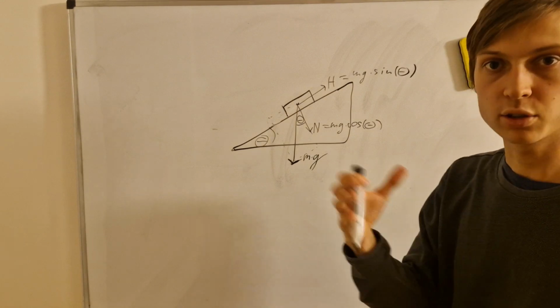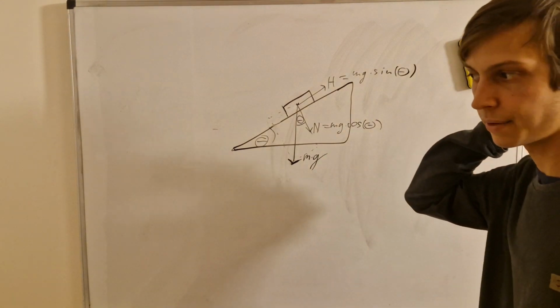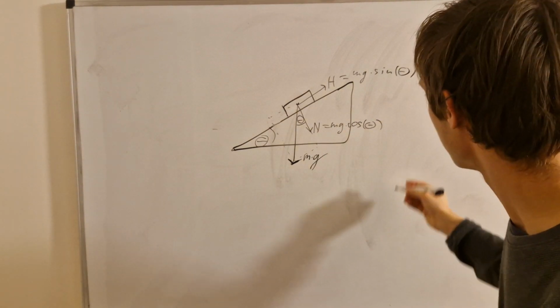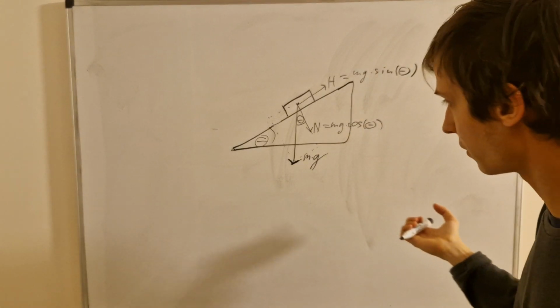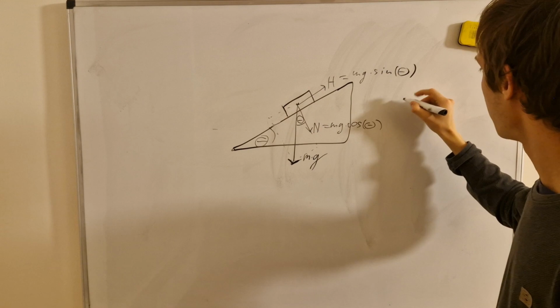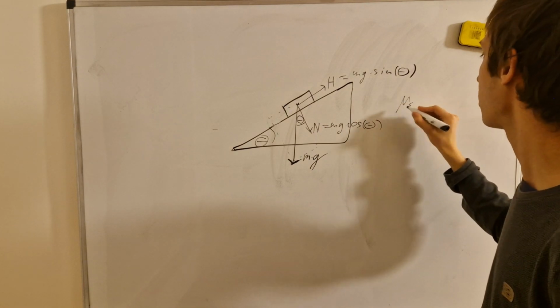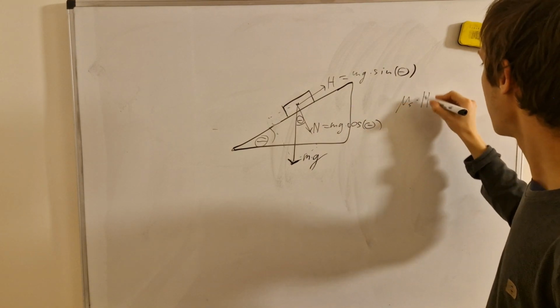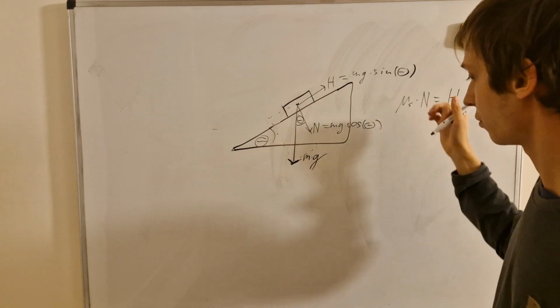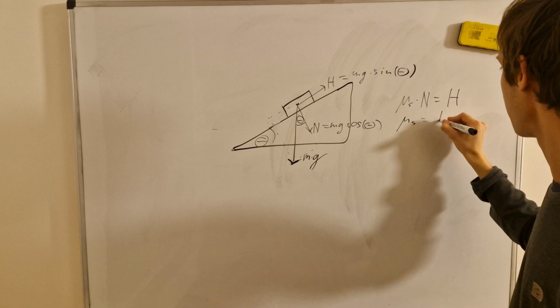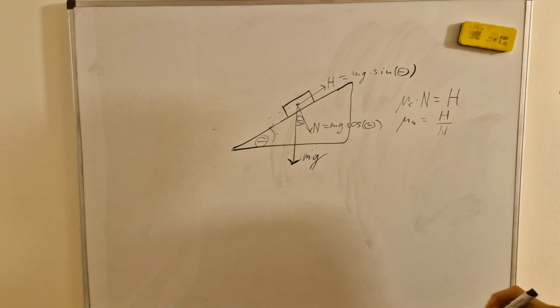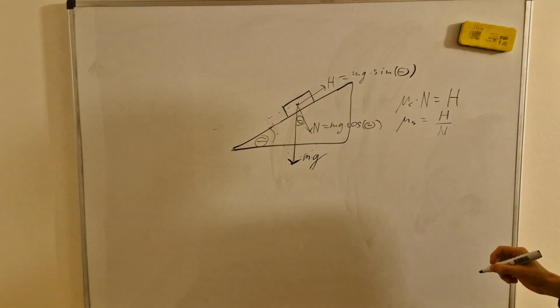And now again, I can write that equation for that very moment when it's still static and it will start moving very soon: the static coefficient of friction times N equals the horizontal, let's say, friction force. Then again, as before, H over N equals that coefficient of friction, the static one.